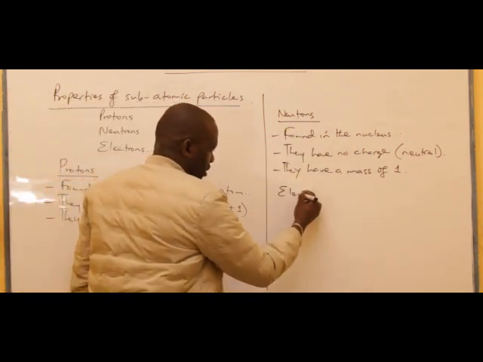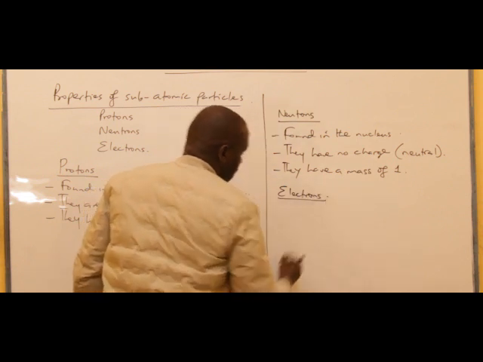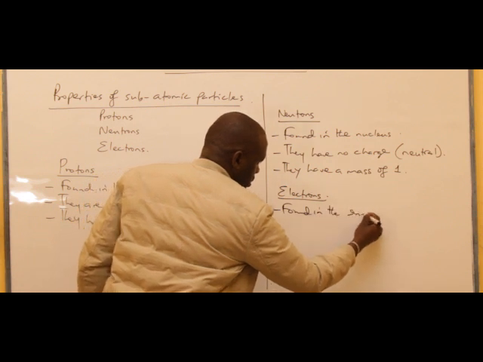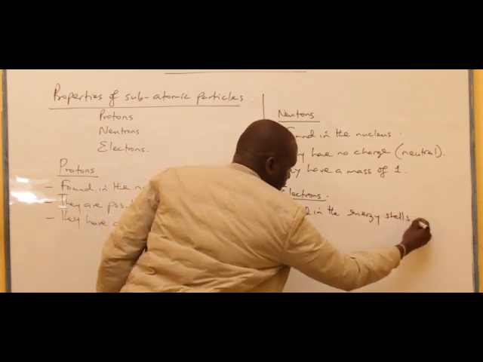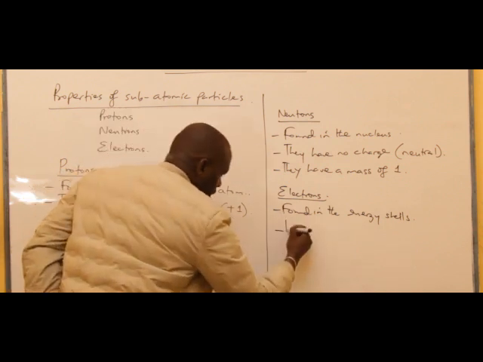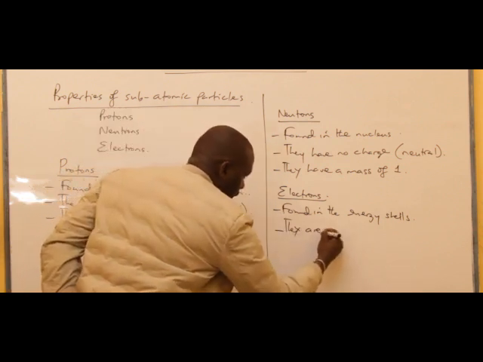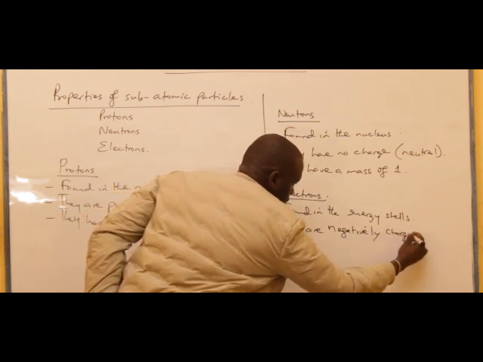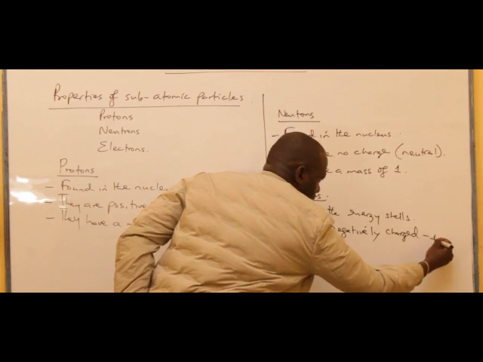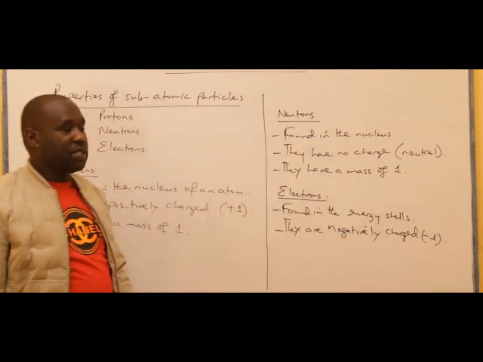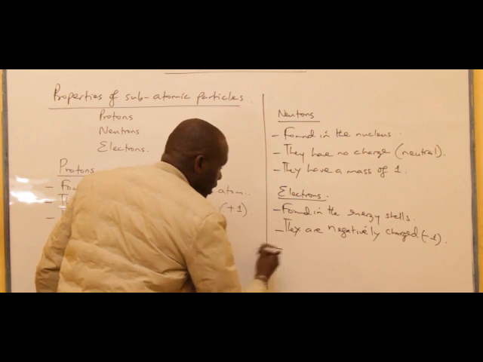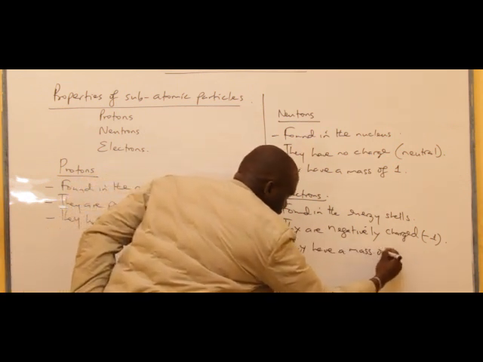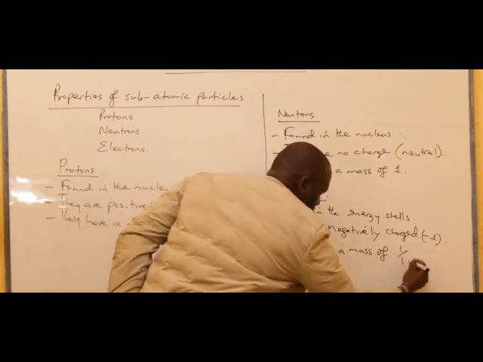Lastly, we talk about electrons. Electrons are found in the energy shells of an atom. They are negatively charged, with a charge of -1, and they have a mass of 1/1836.